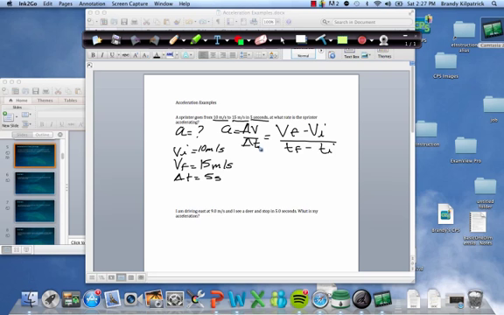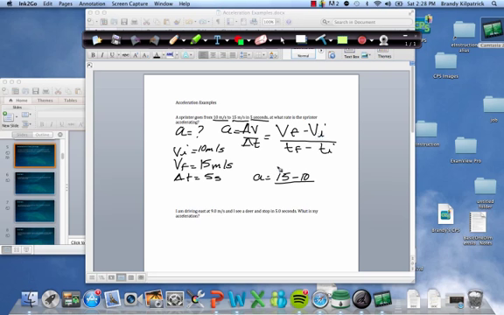So now we can just plug this into the equation. All our units match, so we can just plug it in. Acceleration is unknown. That's equal to Vf, which is 15, minus 10, which is Vi. So the change in velocity is equal to the final velocity minus the initial velocity. That's what we did here.